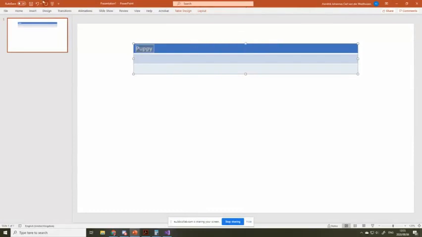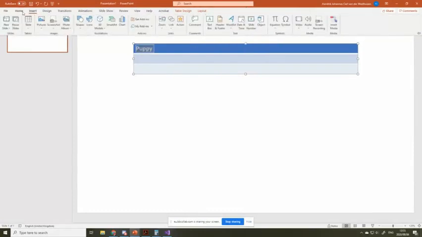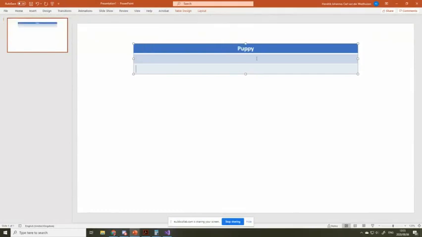So in this case, we have our puppy as our name. You'll have your instance variables that you'll create, so you need a space for your instance variables. You have a space for your constructors. Essentially, you can either list your property methods with your constructors as well, or you can just keep them as the instance variables.